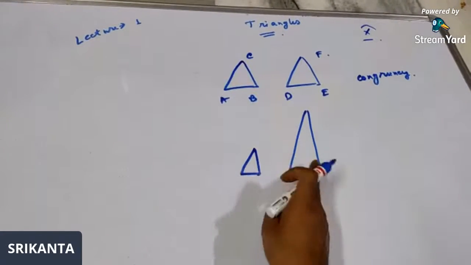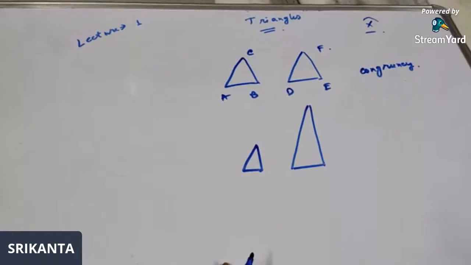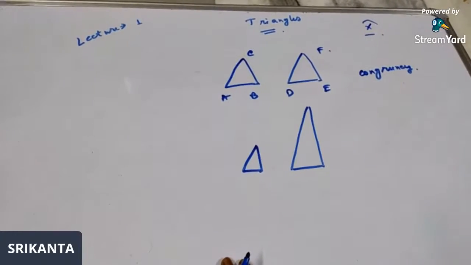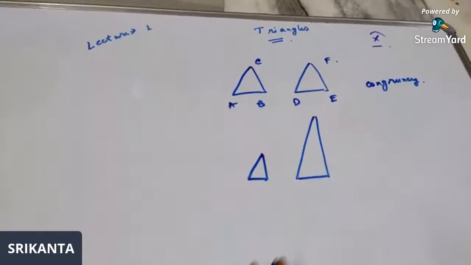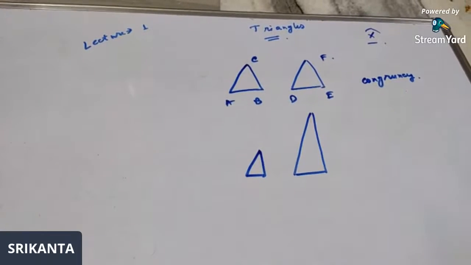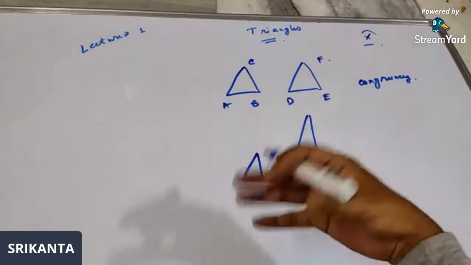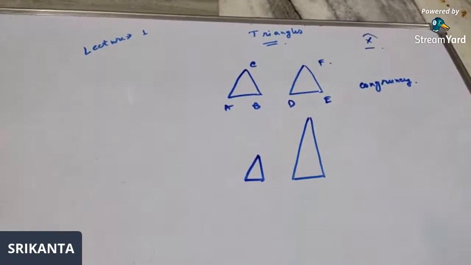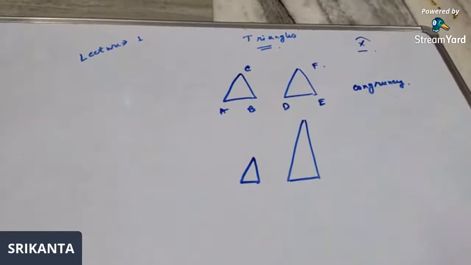Now, are they congruent? Absolutely not. But they can be similar. That means two triangles of unequal size may be similar, but they may not be congruent. Let me repeat. Two triangles of different size can be similar, but cannot be congruent.